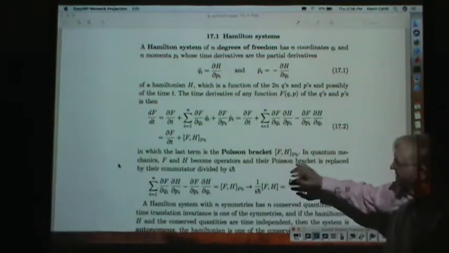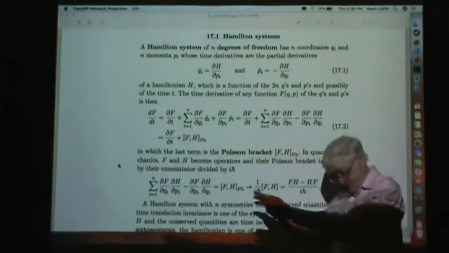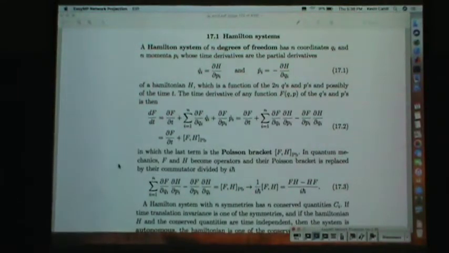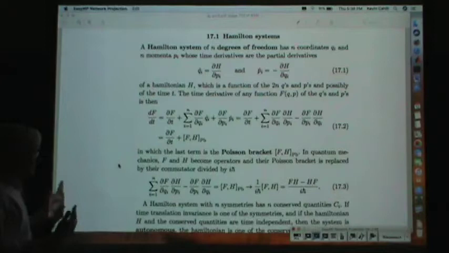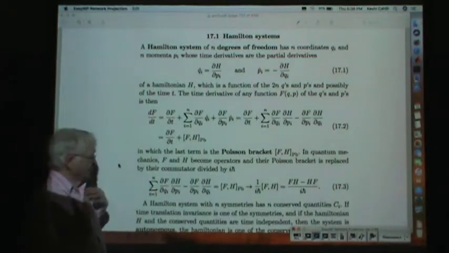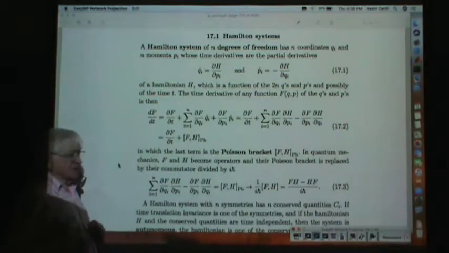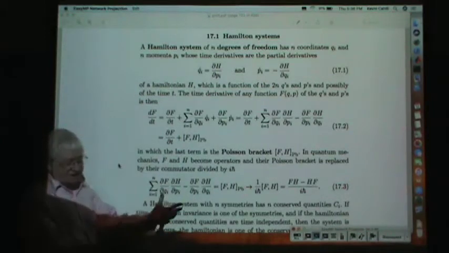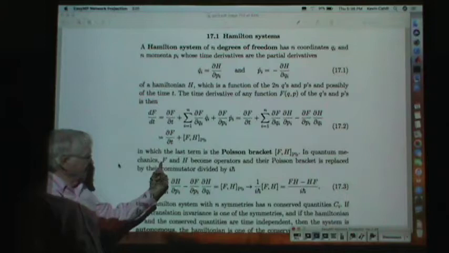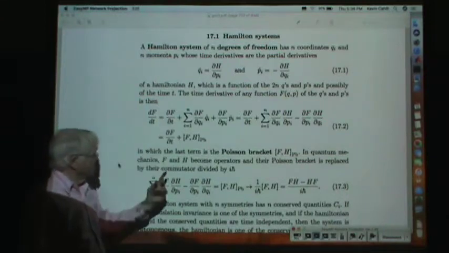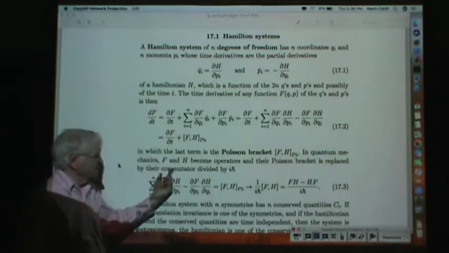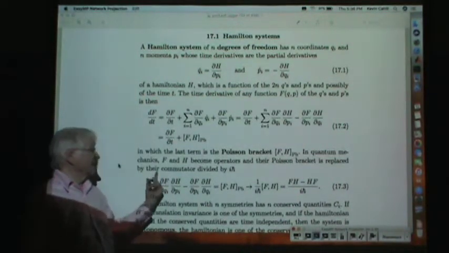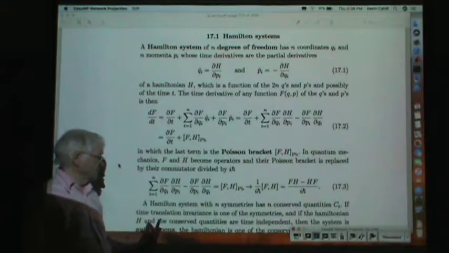In quantum mechanics, I'm not going to do quantum mechanics, I'm going to stay classical, but it's important for me to tell you that, as you probably know, in quantum mechanics the function f and the Hamiltonian h become operators, and their Poisson bracket is replaced by the commutator divided by i h bar.